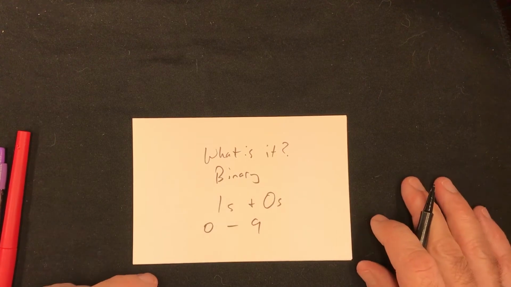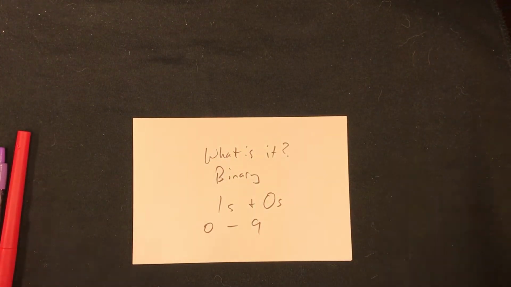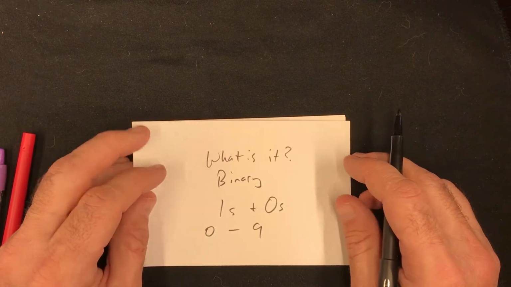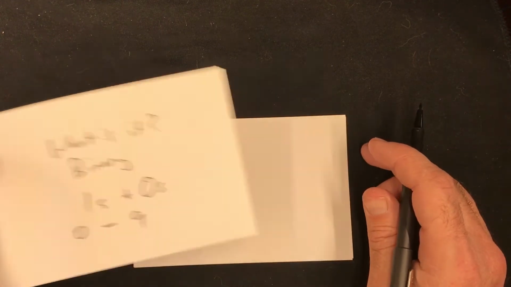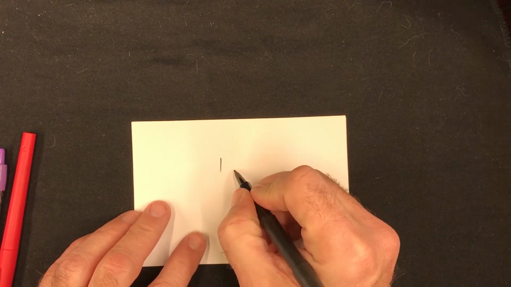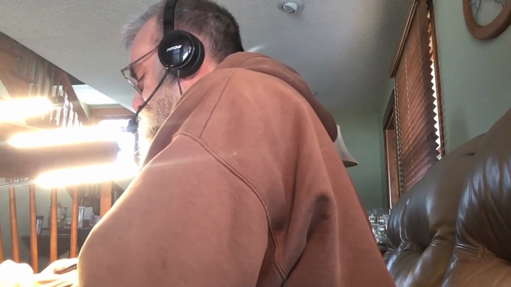And some people say it's because we have 10 fingers, and so we have 10 different digits. And that makes sense to me. But computers, because they're electrical devices, it's easier to have ones and zeros and leave it at that.